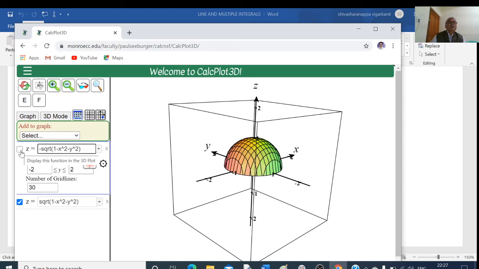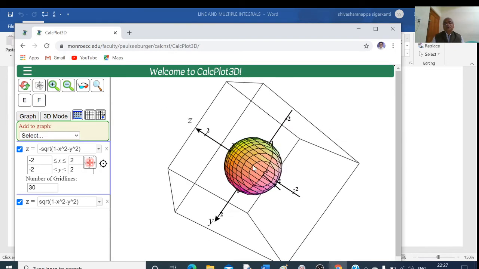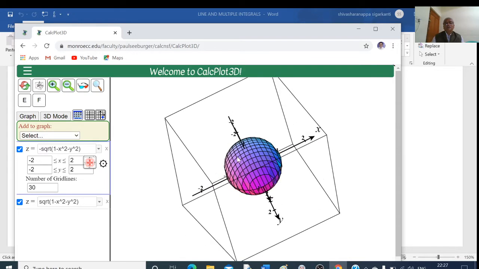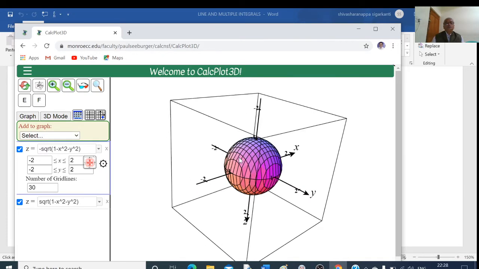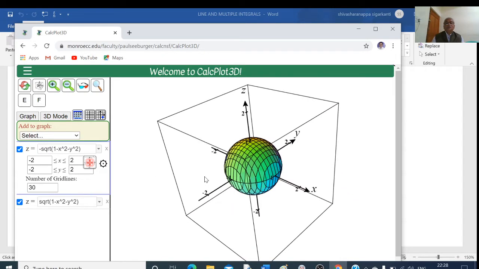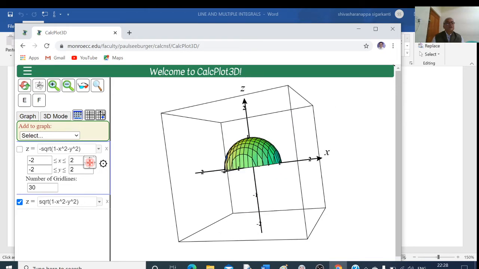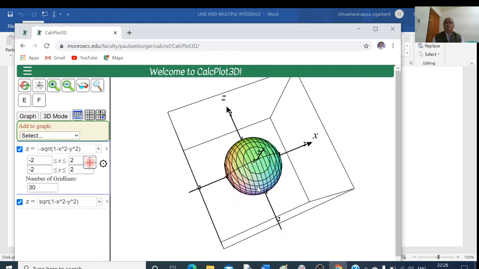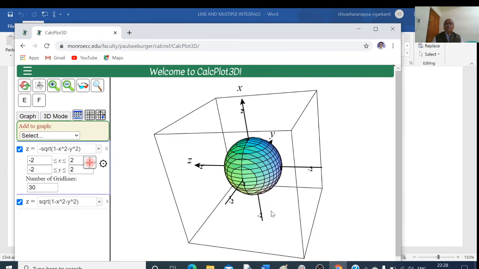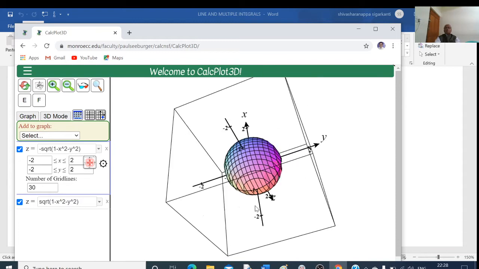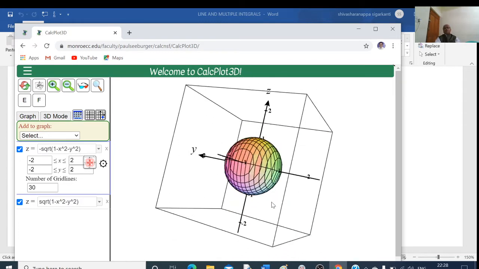Yeah, this is the whole sphere. And half sphere is this, the hemisphere. And this is the full sphere. So here we find the volume of the hemisphere and we multiply it by 2.